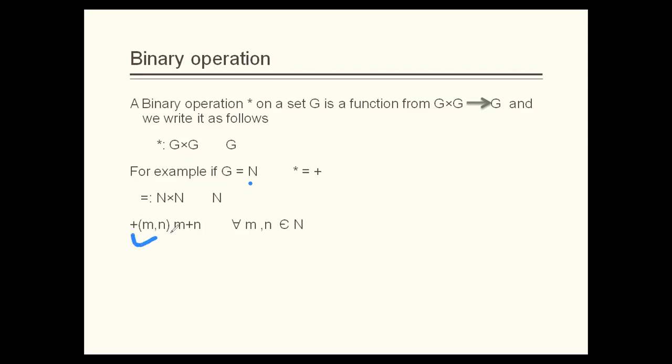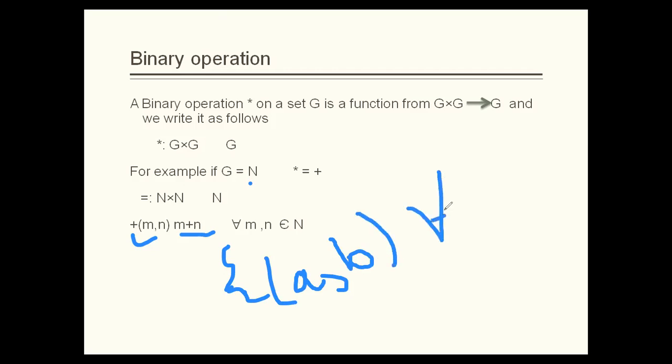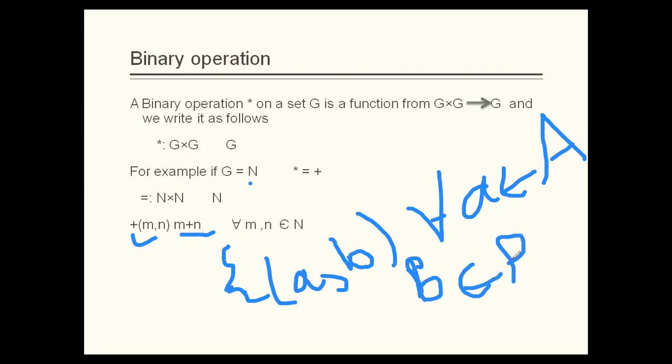We write this addition in this form. First of all, we write plus in the parentheses and write the elements of N and N in pairs, because in a Cartesian product we write elements in pairs. You know the definition of Cartesian product. Here I write the first element, then the second element, for all a belongs to our first set, and b belongs to our second set.